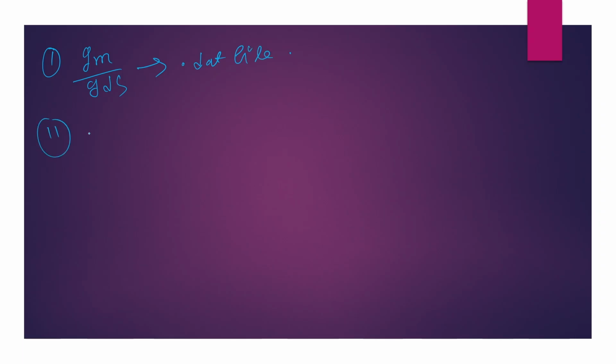And after that, you have the VDSAT .dat file, and then you have the ft .dat file. Suppose you have ft times gm over id .dat file.